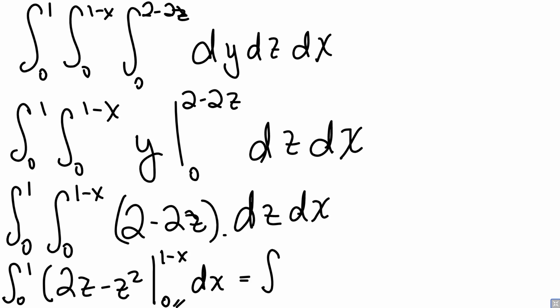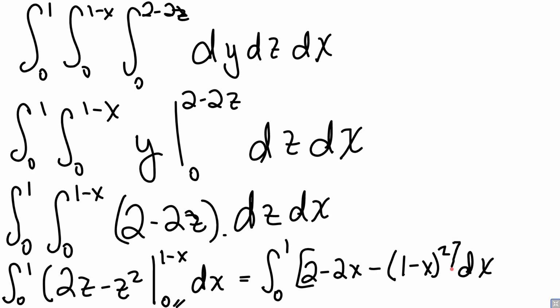So we have the integral from 0 to 1 of 2 minus 2x minus (1 minus x) quantity squared, and then we integrate with respect to x. Any questions so far?